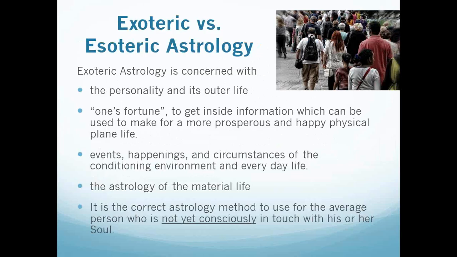It is the correct astrology, however, to be used for the average person who's not yet conscious and not in touch with his or her soul. But it still applies to us as well. So we have to learn to incorporate both, because we are still human beings living our daily life out in the world.